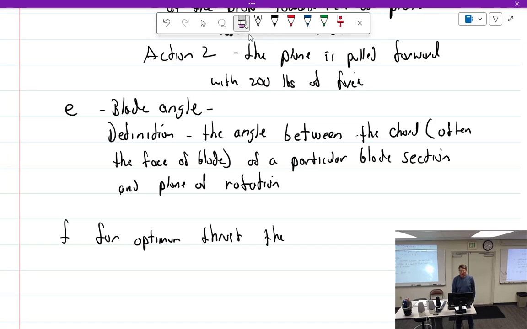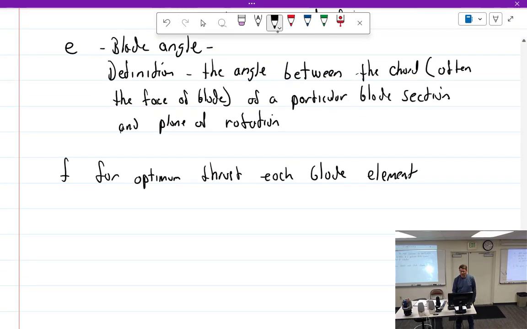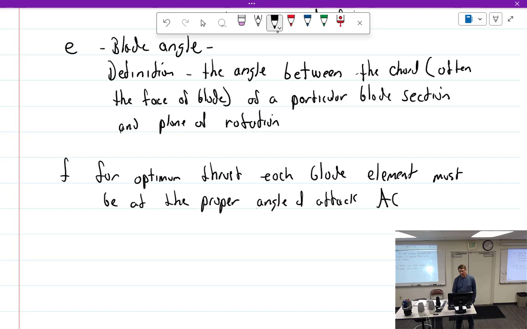Each blade element must be at the proper angle of attack, AOA. What's angle of attack? Chord line to the relative wind.